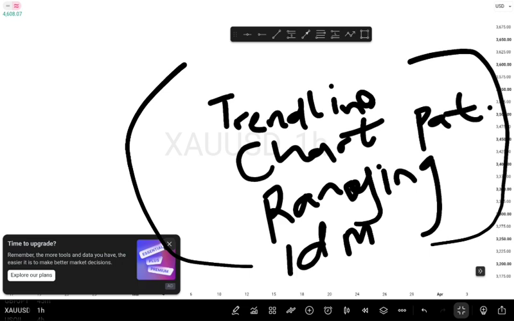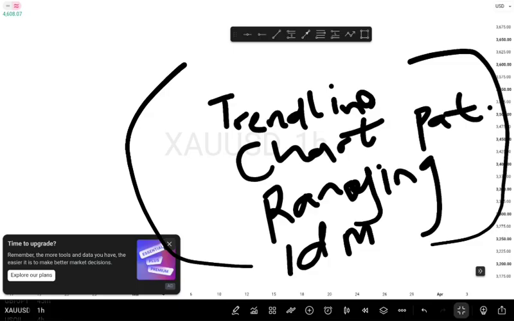As a beginner just getting into smart money concept, you must remember that liquidities are seen in trend lines, in chart patterns like double bottom, double top, rising wedge, falling wedge, triangles, whatever line you get, and also in ranging and inducement.